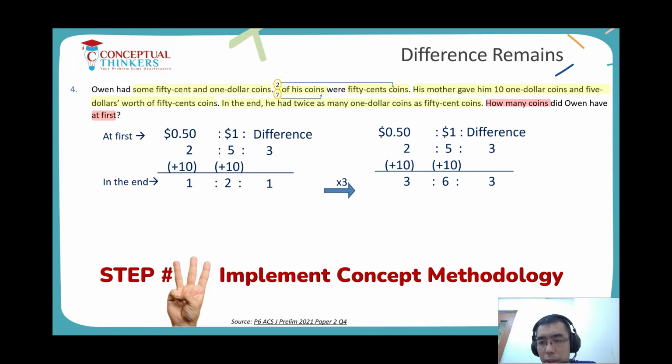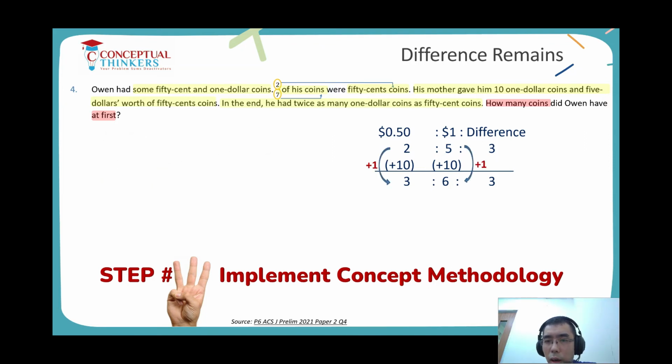After the difference is equal for both sides, we can compare the movement. At first there are 2 units for 50-cent coins. Then it increased to 3 units. The reason for the increase of 1 unit is the $5 worth of 50-cent coins. Same thing for the $1 coins.